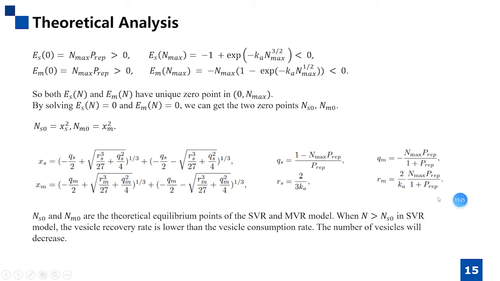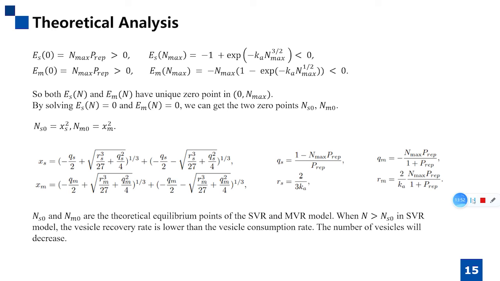The meaning is that Ns0 and Nm0 are the theoretical equilibrium points of the SVR and MVR models. When the number of vesicles reaches this point, the mean vesicle release rate and vesicle recovery rate are equal.